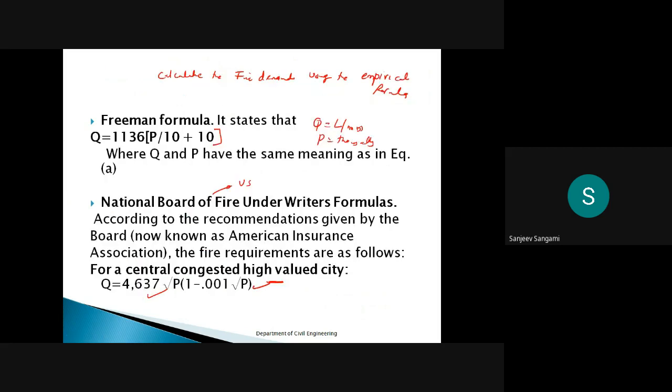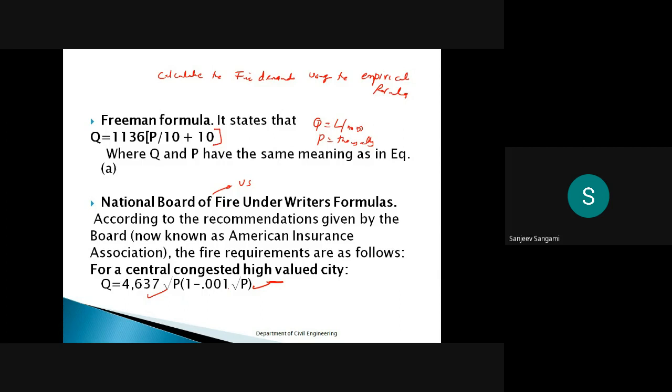The second one is the Freeman formula: 1136 (P/10 + 10). Here also the population is in thousands. And the Writer's formula is Q = 4637 root of P (1 - 0.001 root of P).